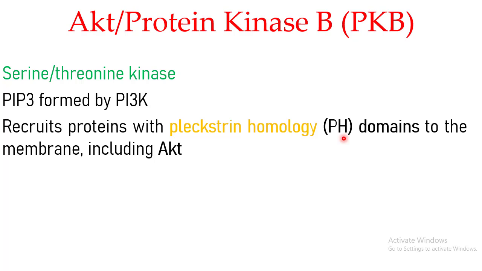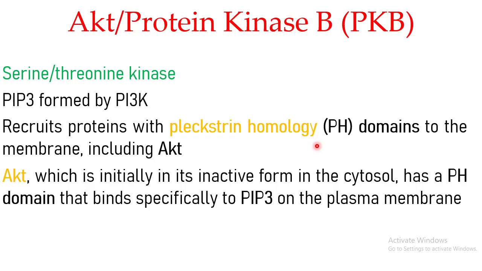So those proteins which contain the PH domain, PIP3 can recruit towards the cell membrane. Now, this protein kinase B or AKT also contains the PH domain, which means PIP3 is able to attract protein kinase B toward the cell membrane.